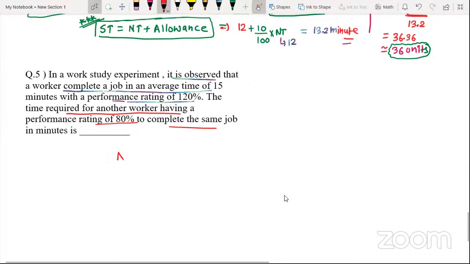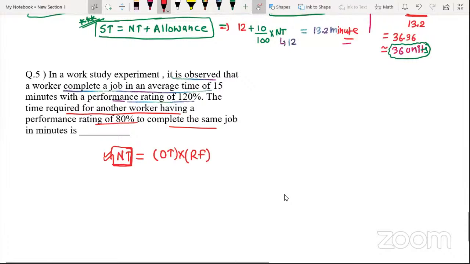So the normal time will be equal to the product of observed time, that is OT, into the performance rating or rating factor. This normal time is the time taken to complete the job by a normal worker. For both workers, this normal time is going to remain the same because it is the job completion time.